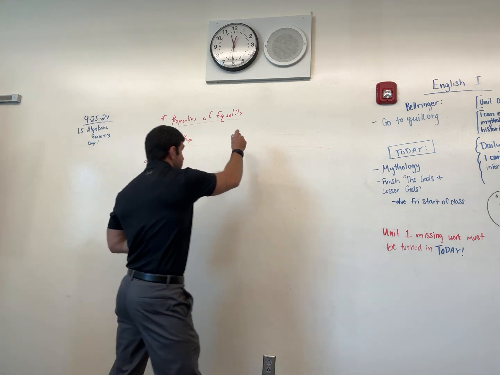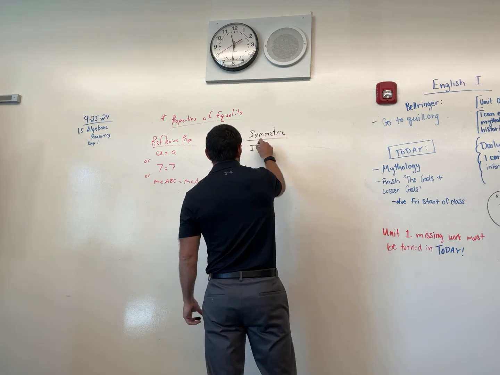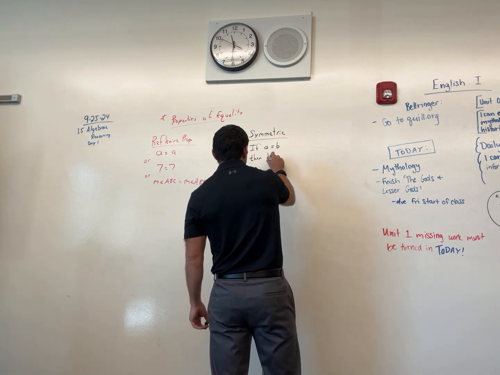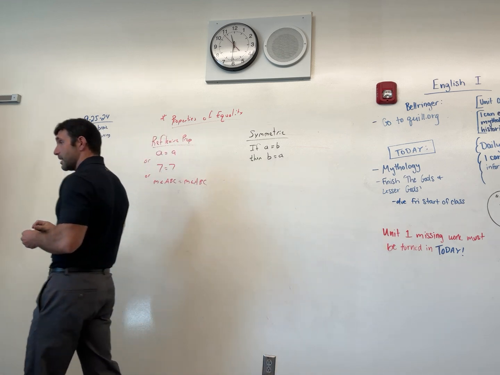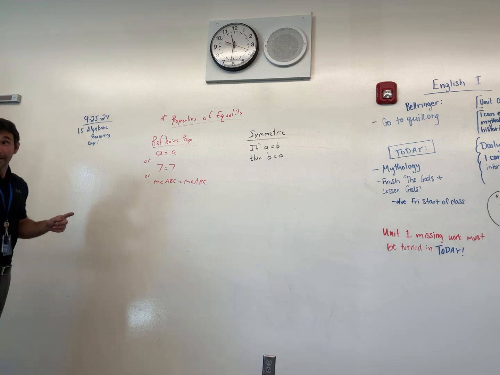The symmetric property is if A equals B, then B also equals A. Transitive is more like our law of syllogism.